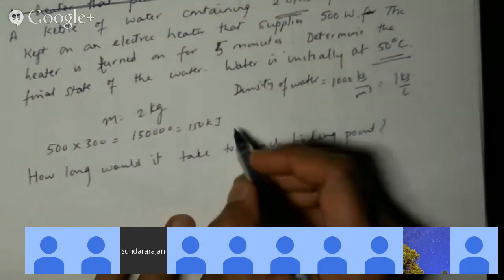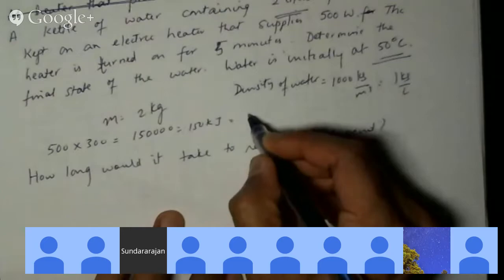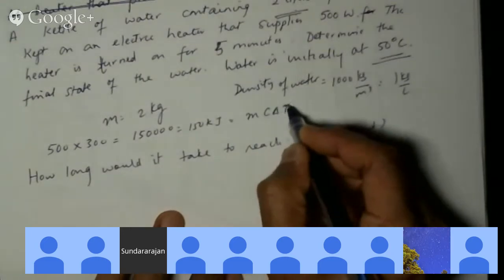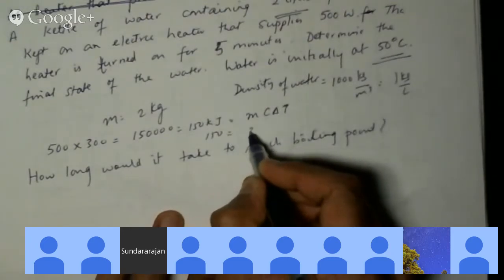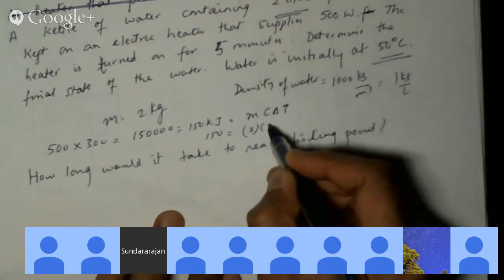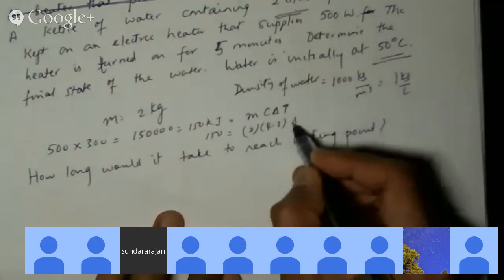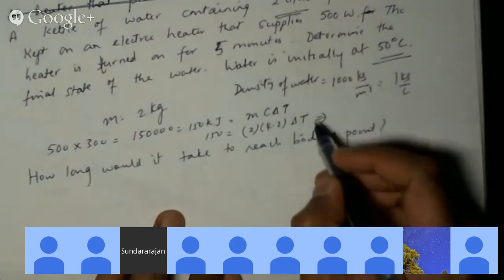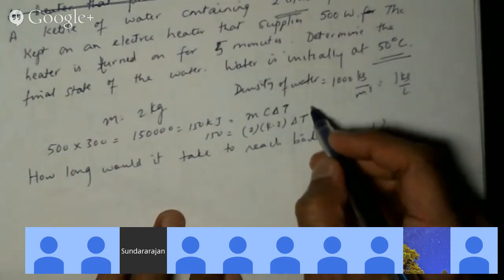Correct. Let's set that equal to the equation MC delta T. The mass is 2 kilograms, the C is 4.2, and the delta T is going to be T minus 50.